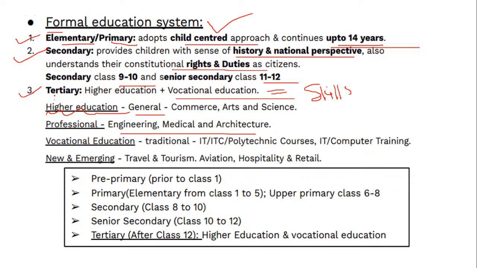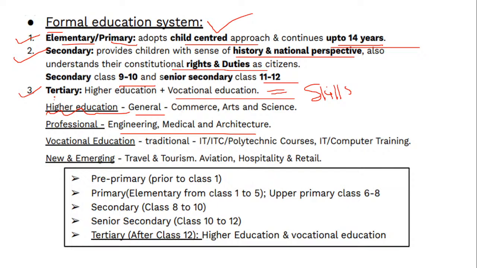Once again, please remember, because I have seen this question many times in your previous year question papers and in the recent cycle also. If I am asking about the formal education system, which is formalized, structured, and gives you a recognized system, it is divided into 3 parts. So it basically has 3 levels.